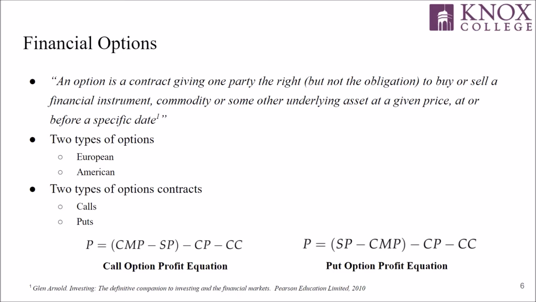And then you're going to subtract any closing costs, and these could be brokerage fees, transaction fees, stuff like that. And then with a put option, as I said, we're going to sell it, and then we're going to have to buy it back at some point in the future. So we're going to do the strike price minus the current market price, and then again minus the contract price and these closing costs.